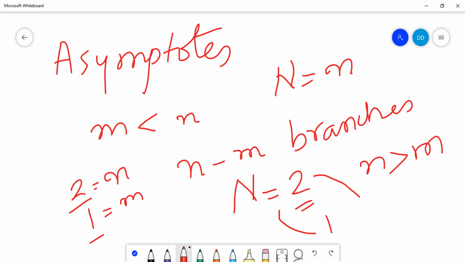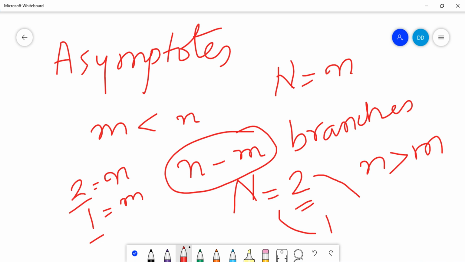How it is going to travel towards infinity is decided by the asymptotes. So the branches which are approaching infinity will move along the asymptotes of the root locus. The number of asymptotes is always equal to n minus m. You will understand it more clearly when we have a look at the root locus.